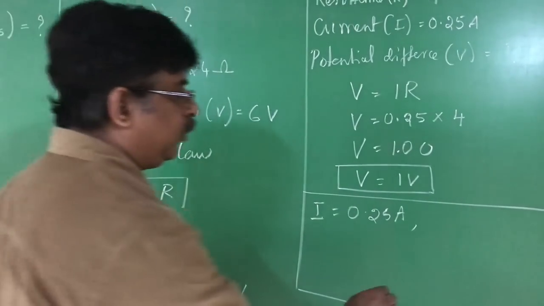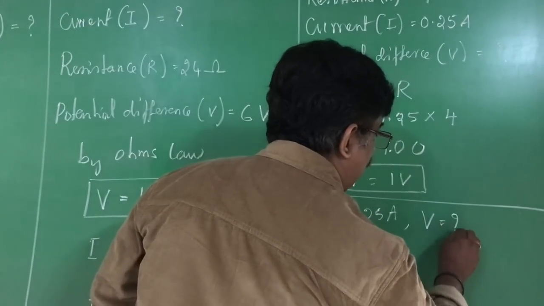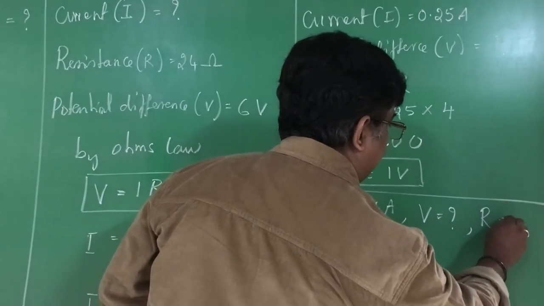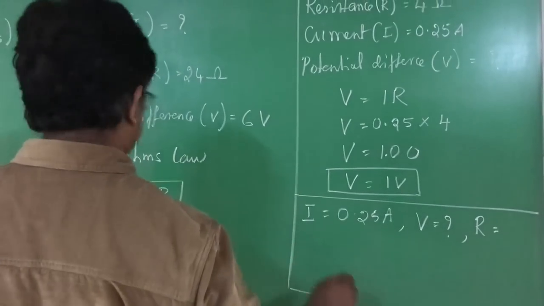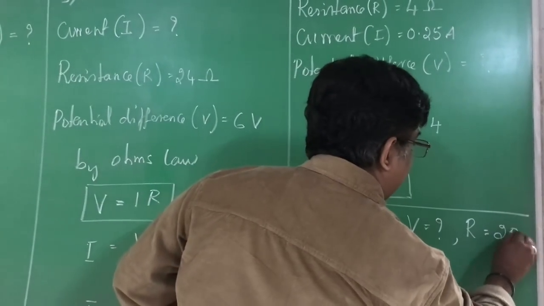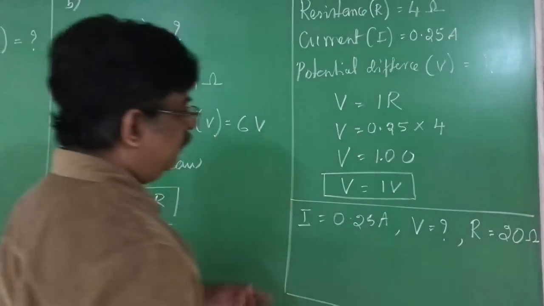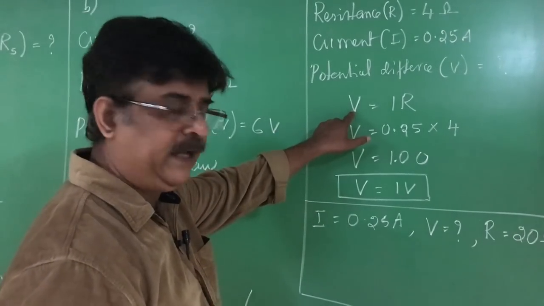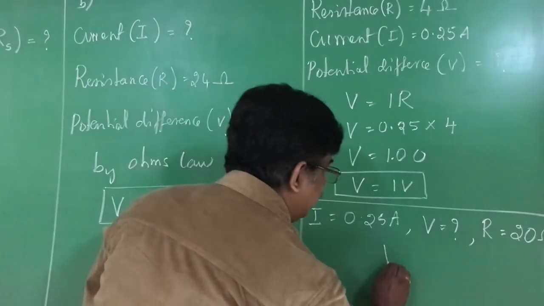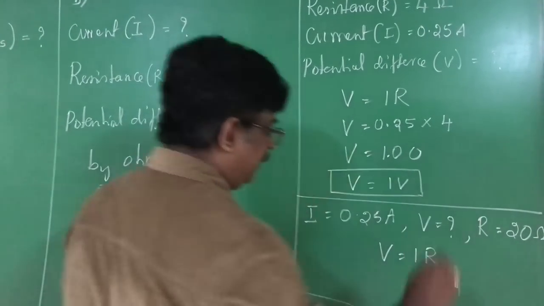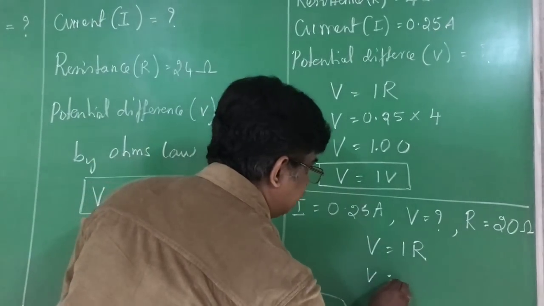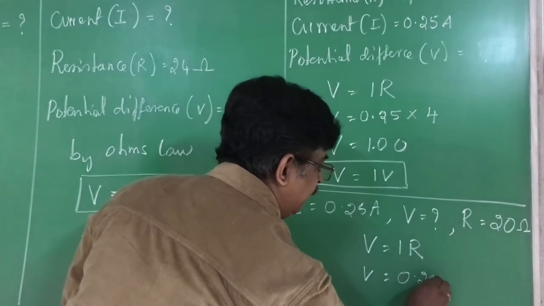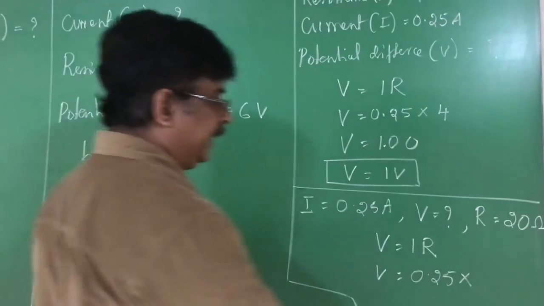And I wanted to calculate V. What is the resistance of the bulb? The resistance of the bulb is given as 20 ohm. We know the same formula, V is equal to IR. V is equal to, what is I? 0.25 into 20.